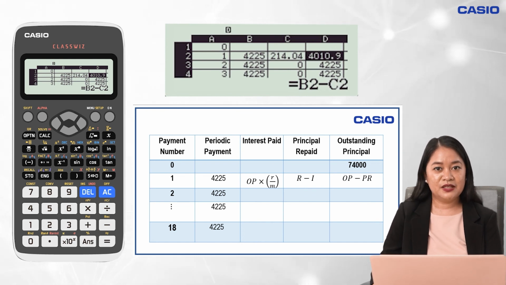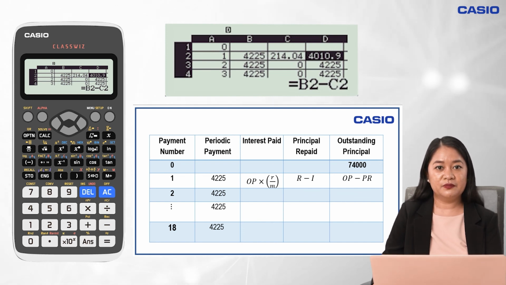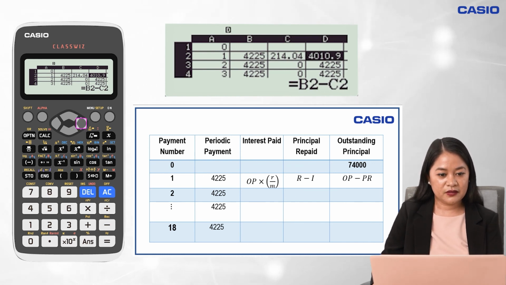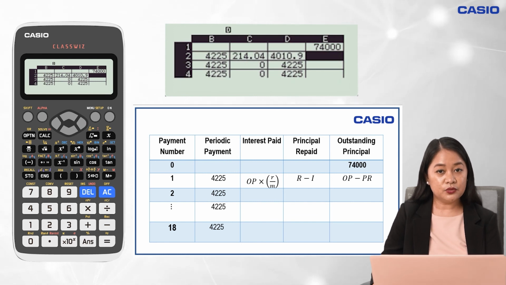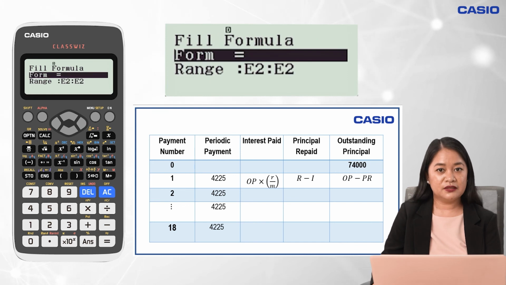Last step, to compute the outstanding principal, deduct the current principal repaid from the previous outstanding principal. So for the formula, we will input E1 minus D2. So from cell E2, we press again Option and 1.